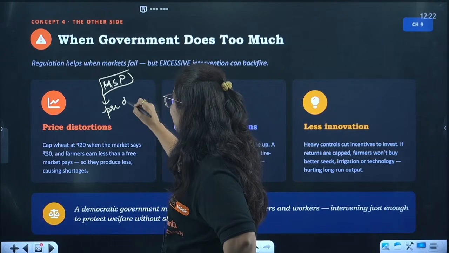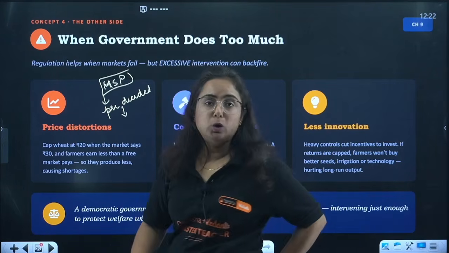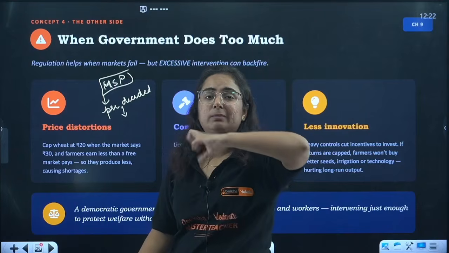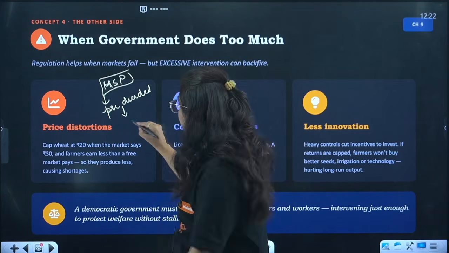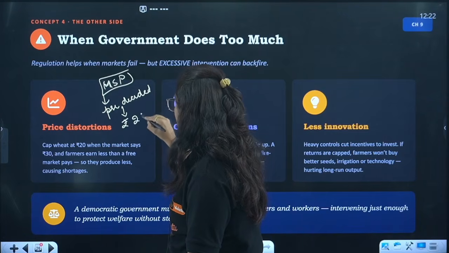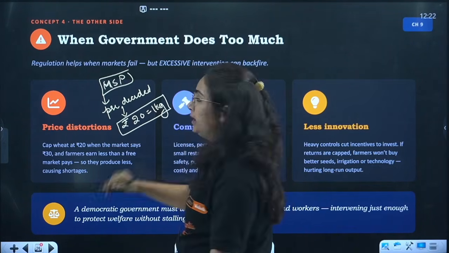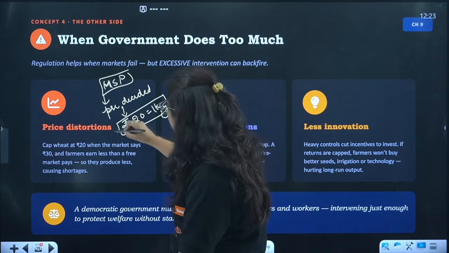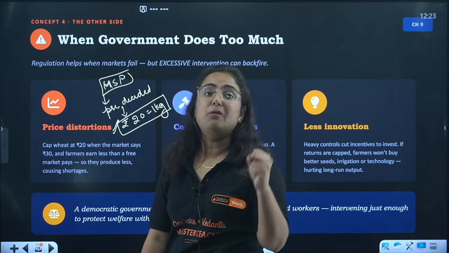It is a pre-decided price that is being told to the farmer: if you grow a crop, whatever happens, even if it gets destroyed, even if it is of low quality, I am going to give you a fixed 20 rupees for 1 kg. Even if it is of very good quality or the worst, a cap of 20 rupees is provided.